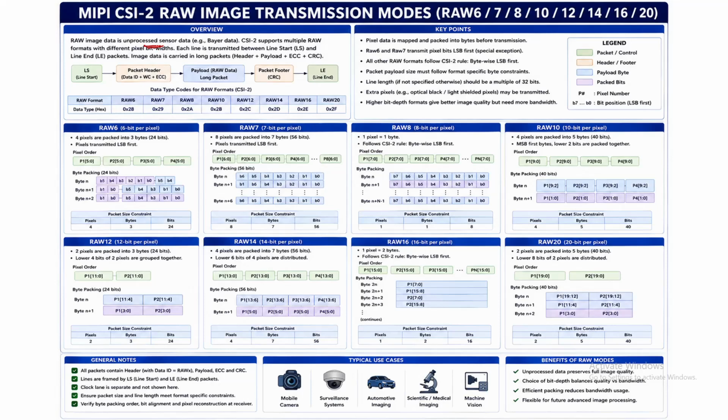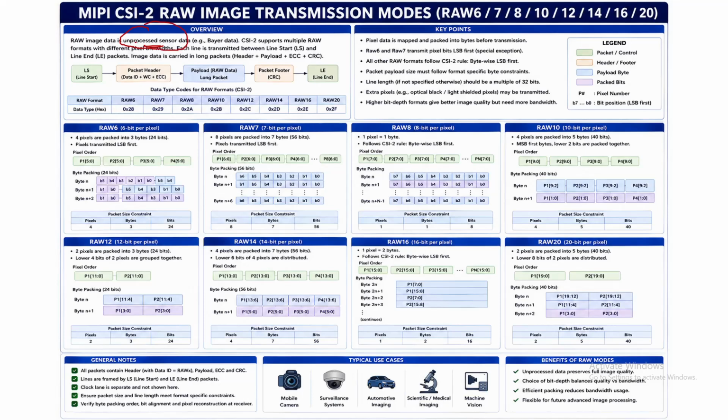Here what we are going to discuss is how the mobile is imaging, and how MIPI CSI is working for transmission of data through the RAW model. So all these things are discussed here. So what does raw image model data mean? Raw means unprocessed sensor data.